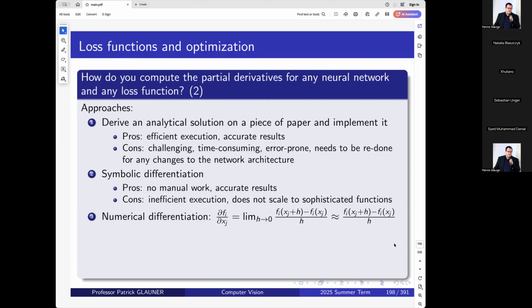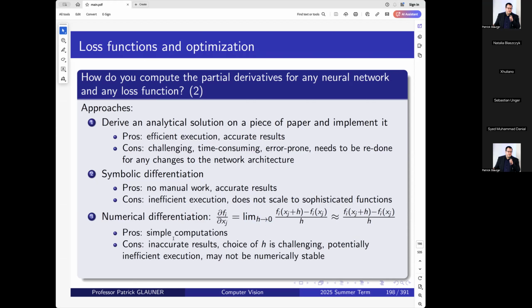And this works in 1D, it works in higher dimensions as well. So you can do this, but this numerical differentiation has one advantage, it's very easy to do. But the problem is you get very inaccurate results because you just don't know which h you should pick that is small enough.